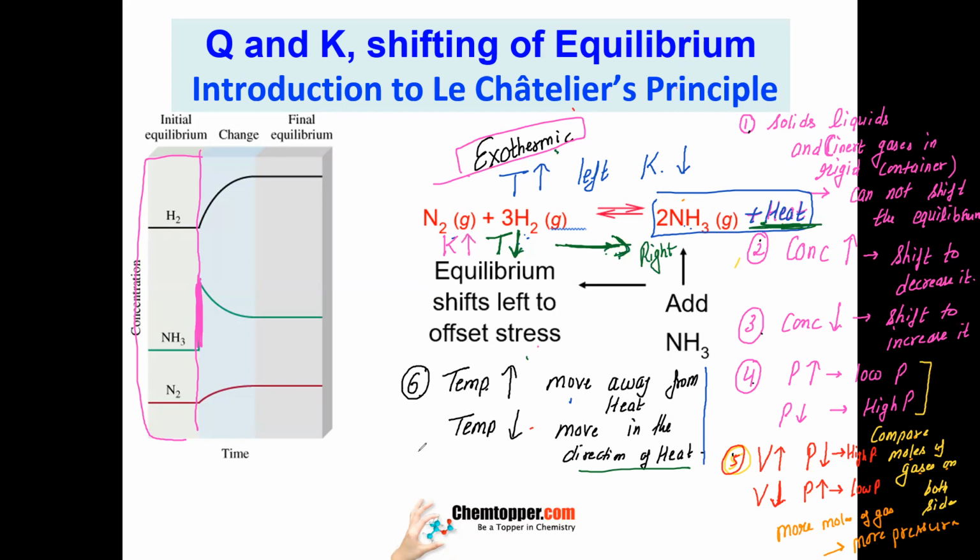And the last factor is catalyst. Very popular again. Very widely asked every time, and they ask the reason also. With catalyst, no shifting. Because there will be no change in the equilibrium status.